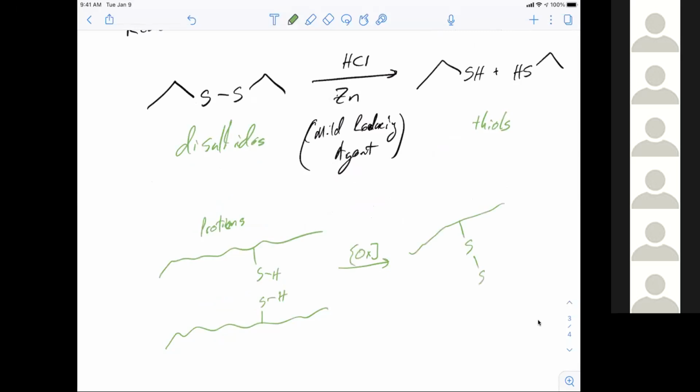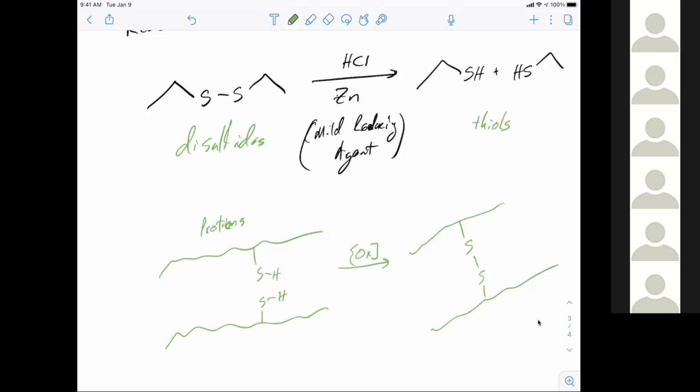So most structural interactions of proteins are going to be hydrogen bonding. If we think about alpha helixes and beta pleats and the 3D structure of tertiary and quaternary structure, in most cases it's hydrogen bonding.